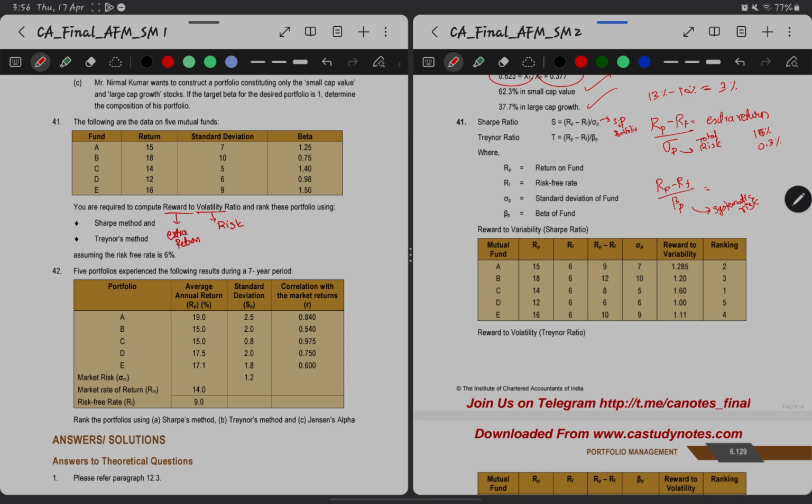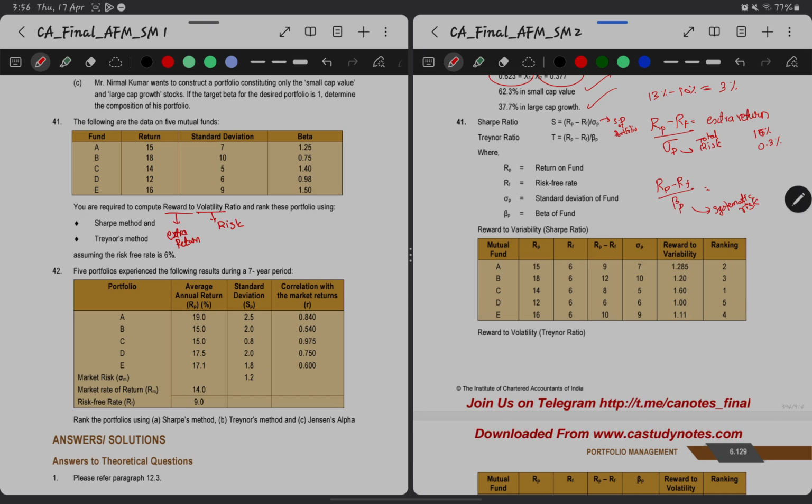So it is the extra return we are earning per unit of systematic risk. In case of Sharpe ratio, it is extra return earned per unit of total risk of a portfolio. That's it.